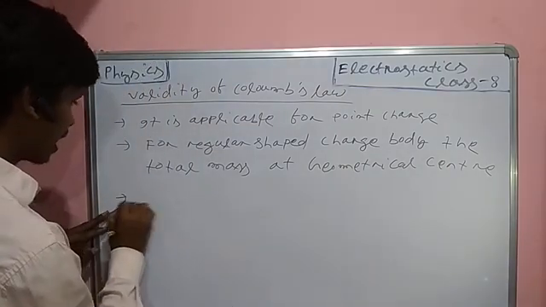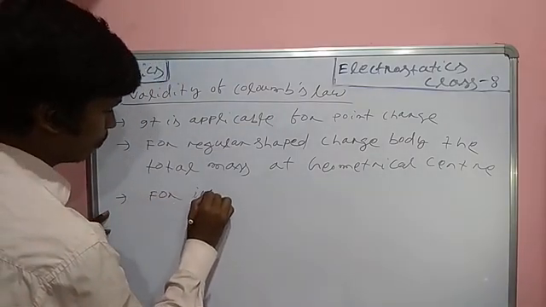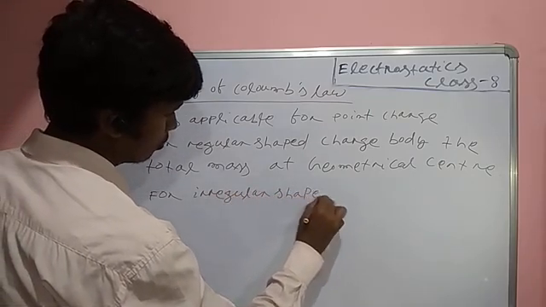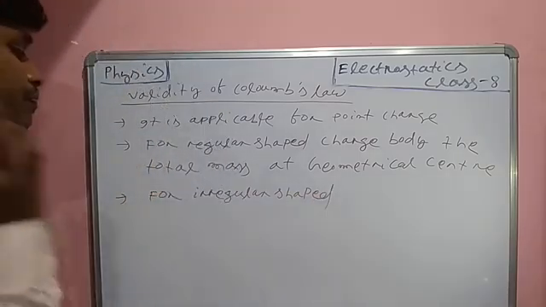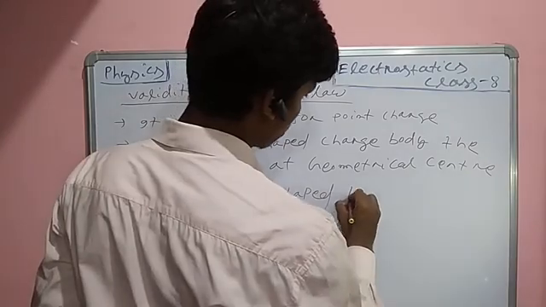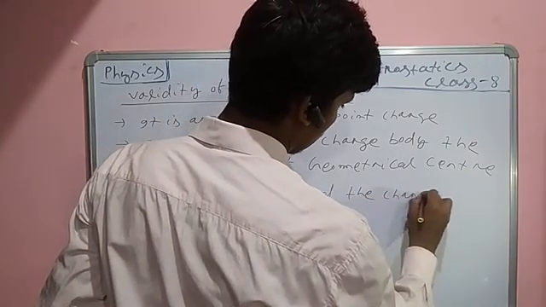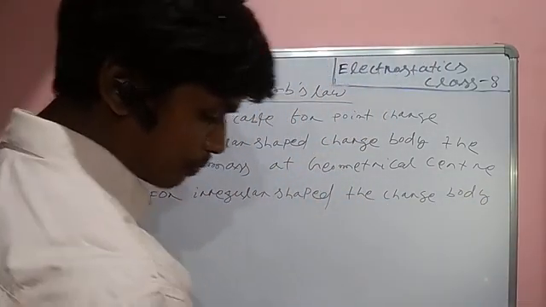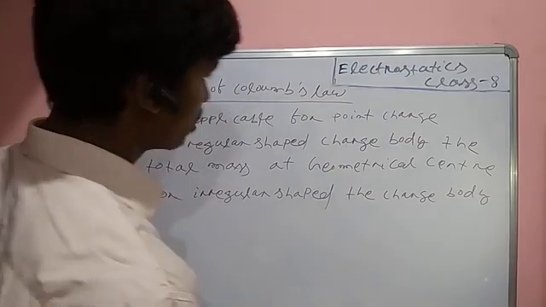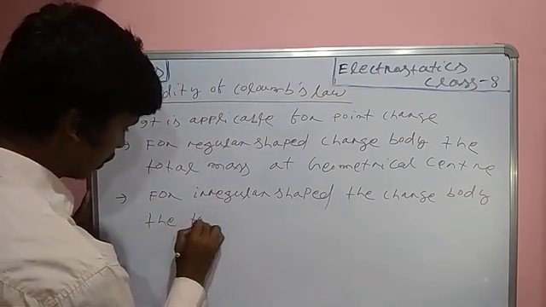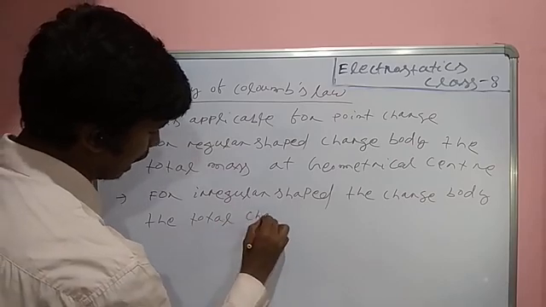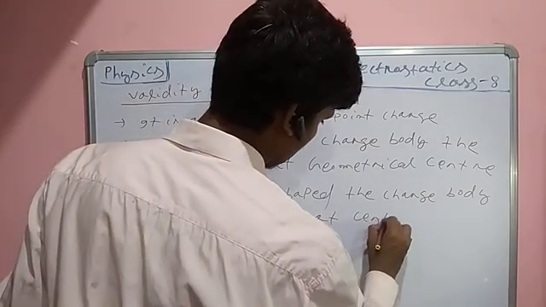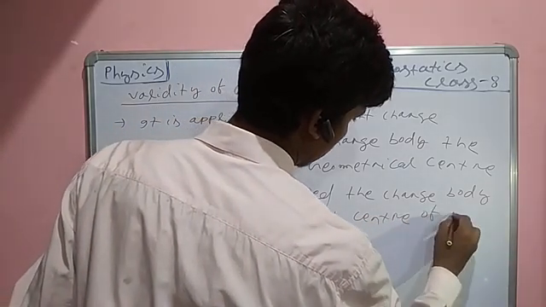Then for irregular shaped charge body, the total charge is at the center of gravity.